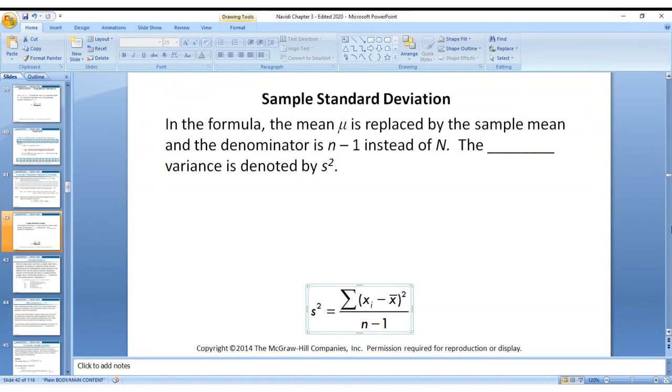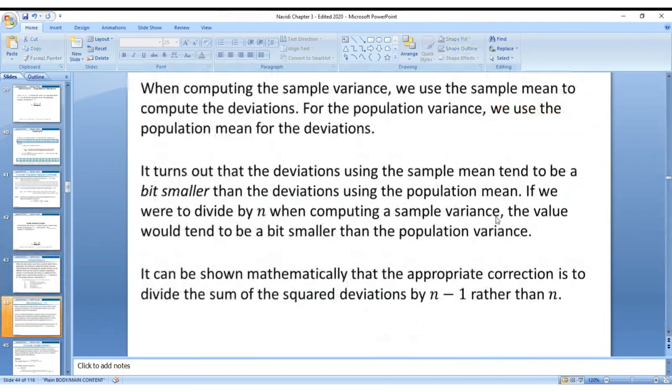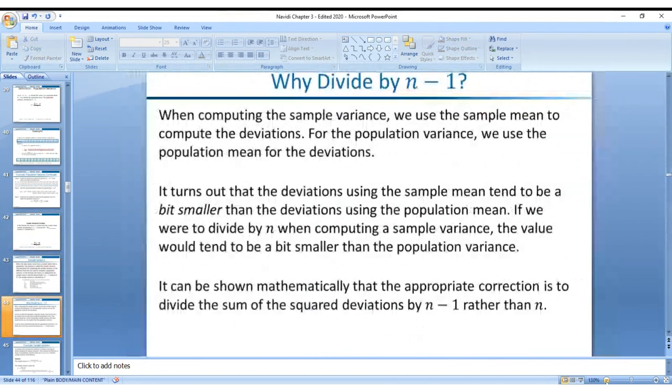All right. Now, there's a whole slide over here that explains why we divide by n-1. And you could probably read that. And if you understand it, that's good. You could explain it to me. I'll explain why I think it is.